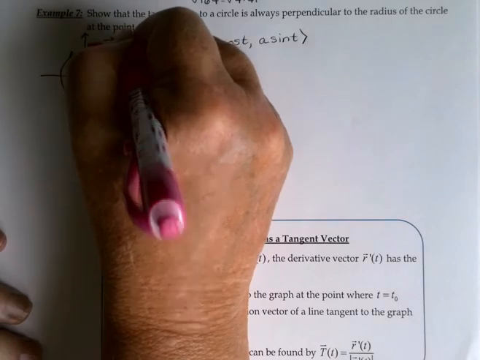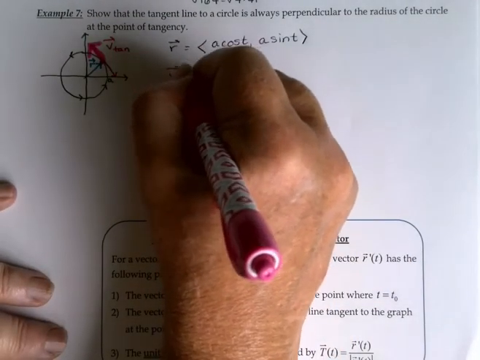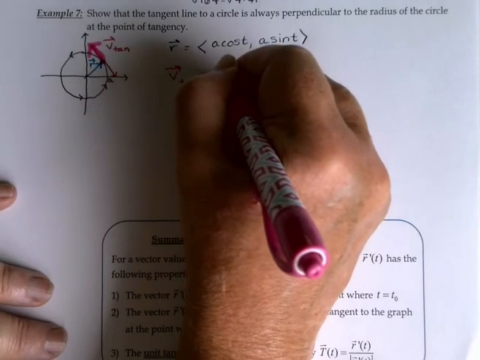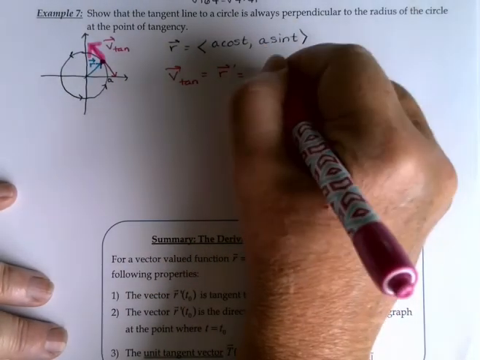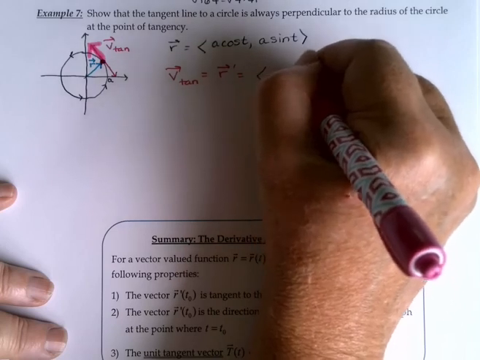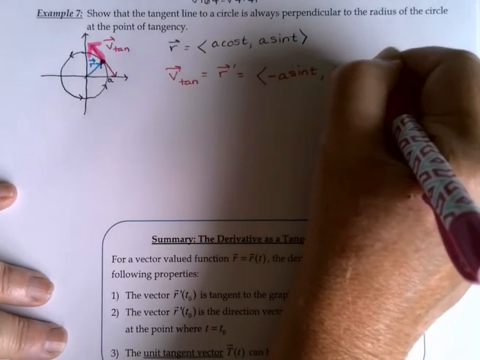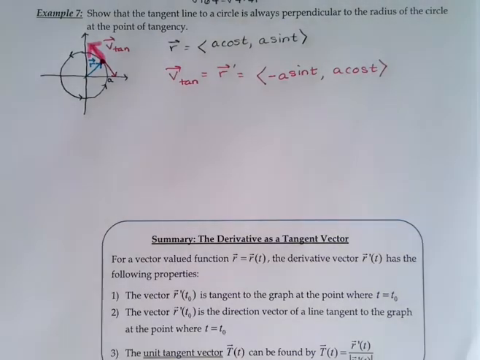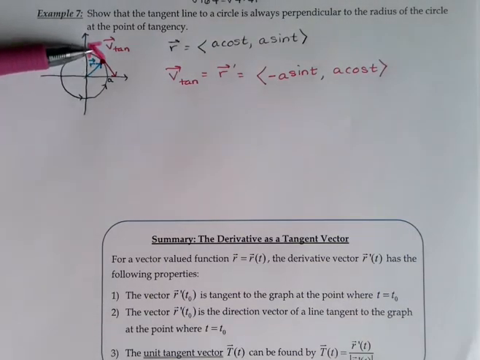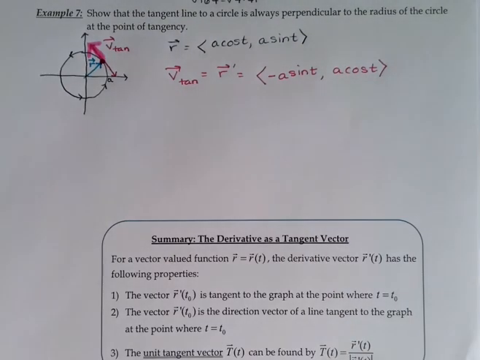That's fine. That's what we've been doing, right? The tangent vector would be r prime, and that's the derivative here, which would be negative a sine t, a cosine t. And our goal is to show that those two are perpendicular, right? That the tangent is perpendicular to the radius.